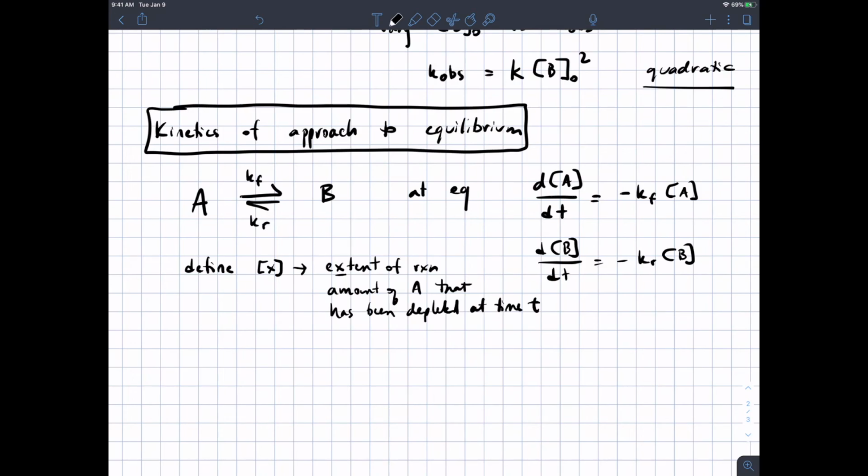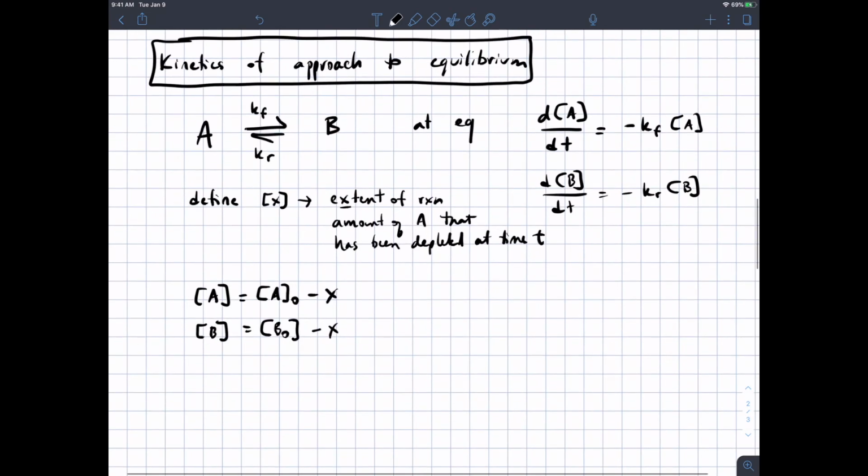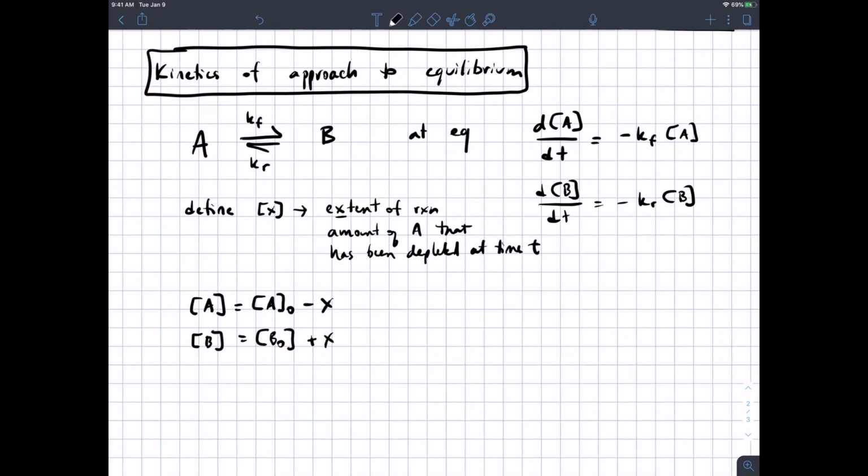So at any point in time, your concentration of A equals your starting concentration of A minus X, versus your concentration of B equals your starting concentration of B minus X. This is starting to look a lot like how you set up equilibrium problems in Gen Chem, except it should be plus, right? Because X is A disappearing and B appearing.